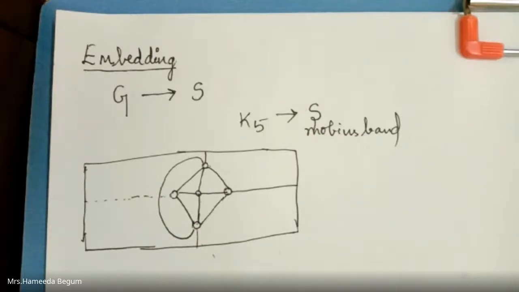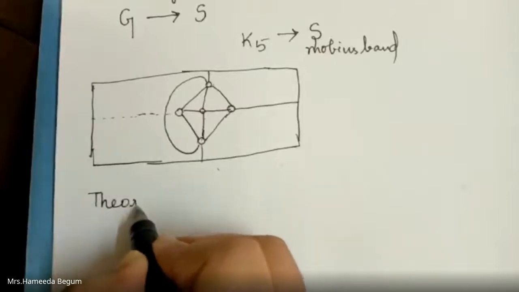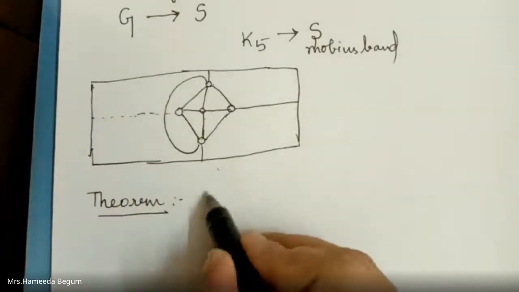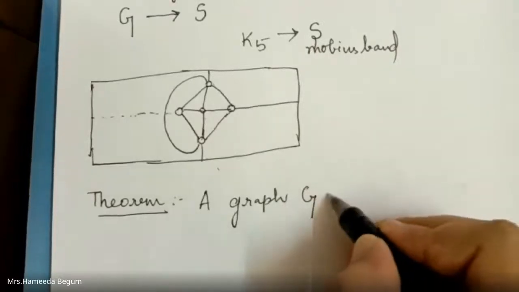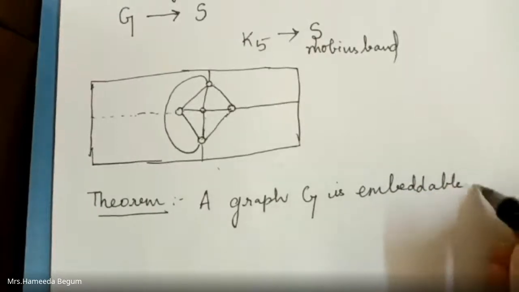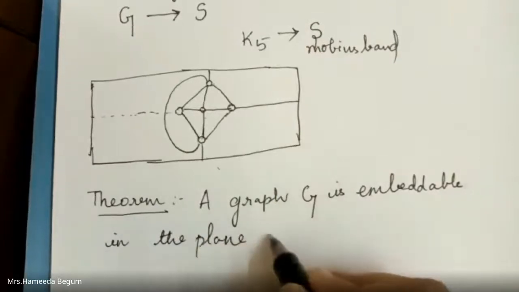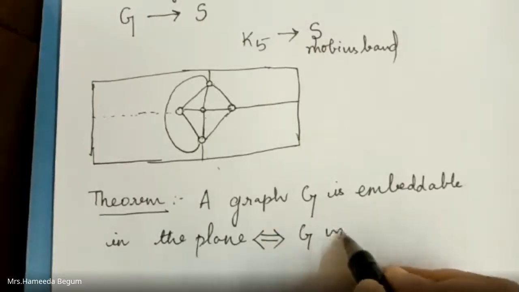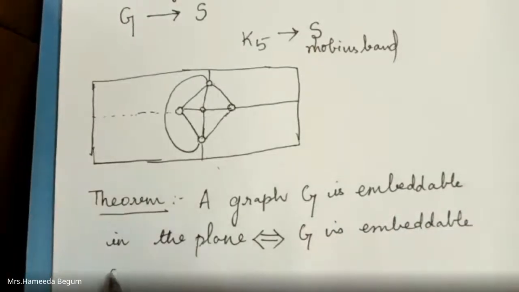So if we consider a graph G, the theorem states that this graph is said to be embeddable in the plane if and only if this graph G is embeddable on the sphere.